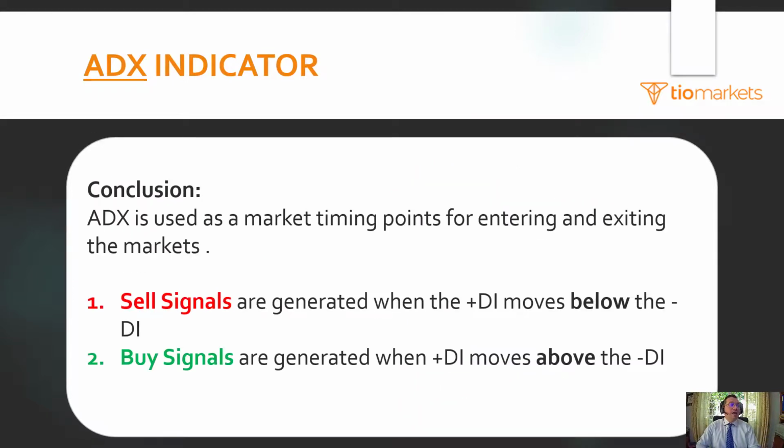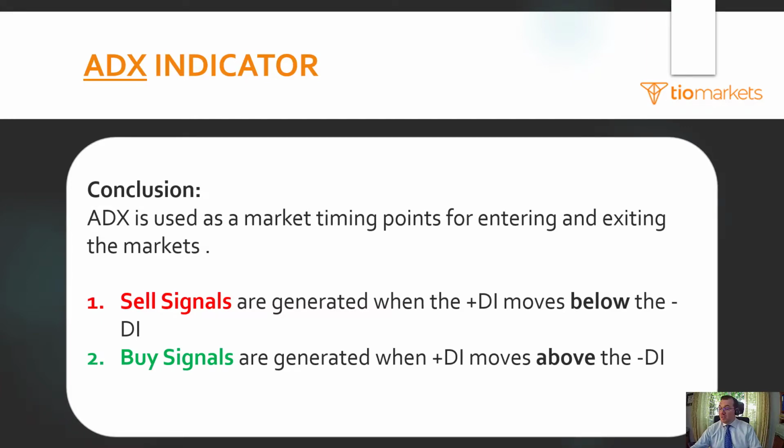So, conclusion: the ADX is used as a market timing tool for entering and exiting the market. Sell signals are generated when the negative directional movement moves above the positive directional movement, and buy signals are generated when the positive directional movement moves above the negative directional movement.